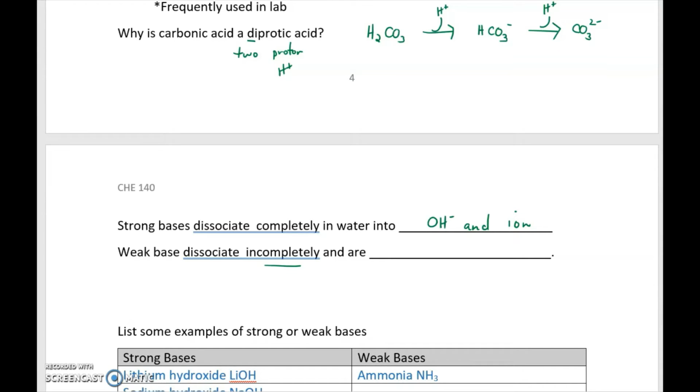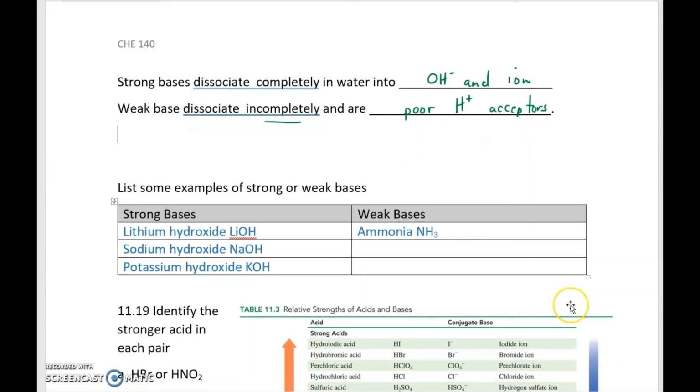You can also say that weak bases are poor hydrogen ion acceptors. So let's look at some examples of strong and weak bases. Lithium hydroxide, sodium hydroxide, and potassium hydroxide are all very strong bases. Ammonia would be an example of a weak base.